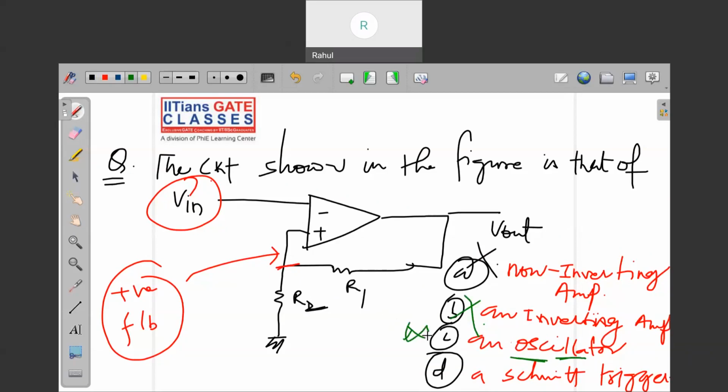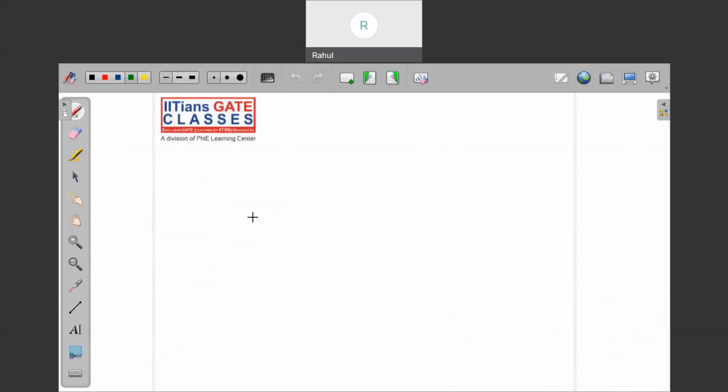So this cannot be the answer as well, right? The feedback network should be having RLC, and so this will be the Schmitt trigger. So remember, this is a Schmitt trigger circuit, because a Schmitt trigger will be having positive feedback, right?